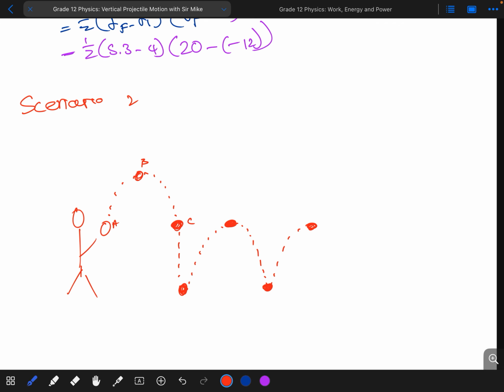Now what you need to note, according to what we said in the previous lesson, is that when it comes to a bouncing ball, the only difference with the graph is that it will now have multiple maximum points.